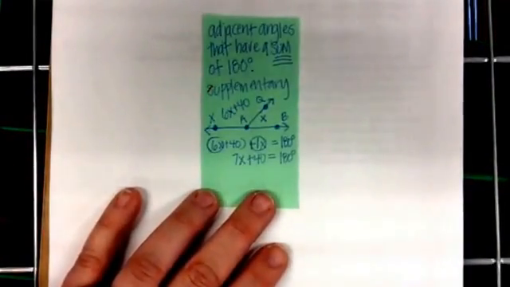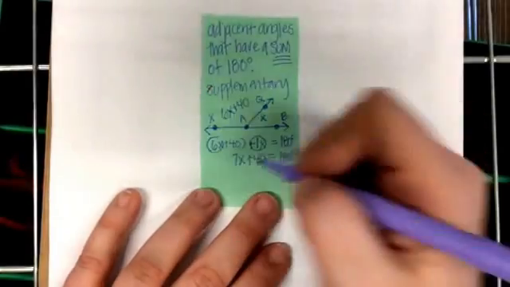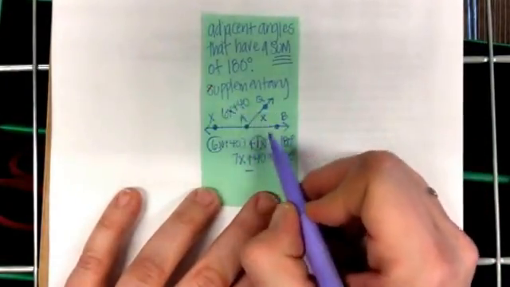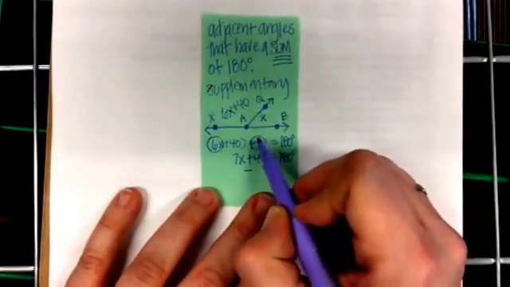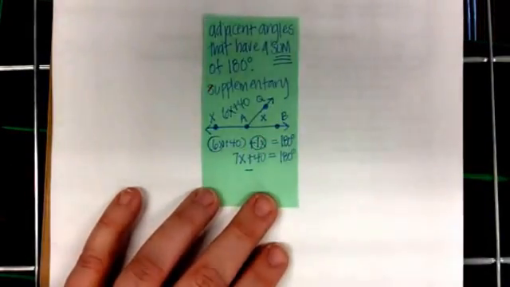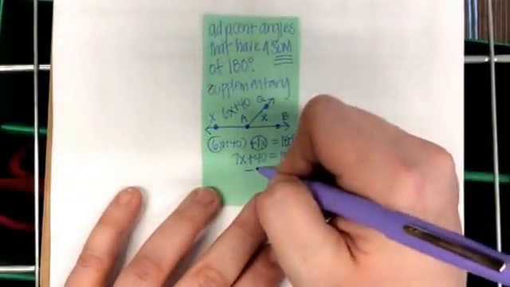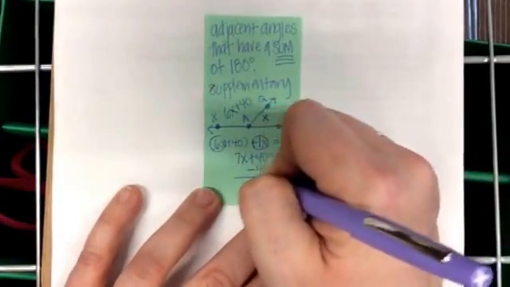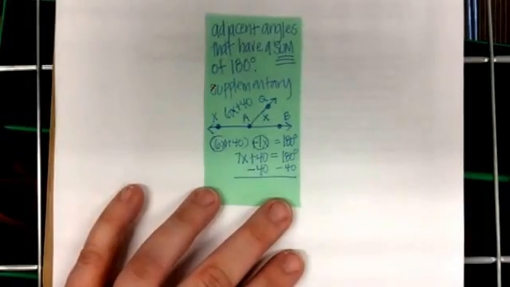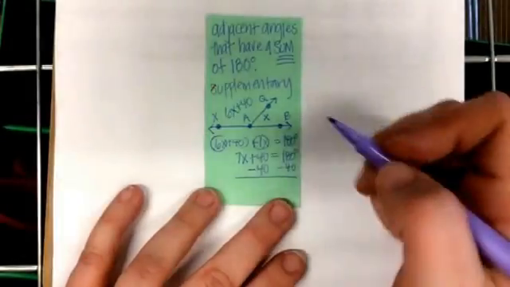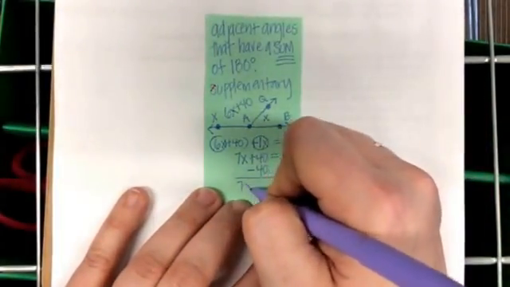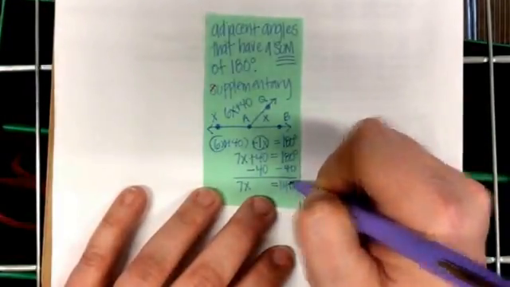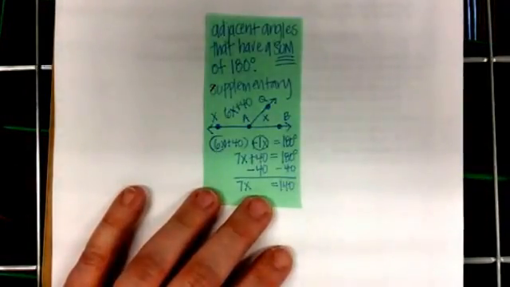Am I done? How does that equal 180? Because the two together, when you add angle 1 plus angle 2, you get 180. Supplementary angles. Minus 40. 140.